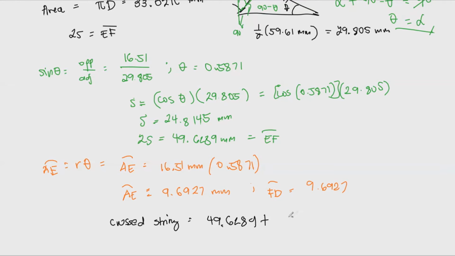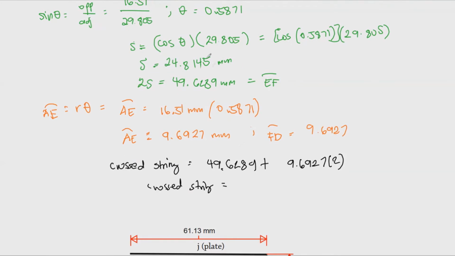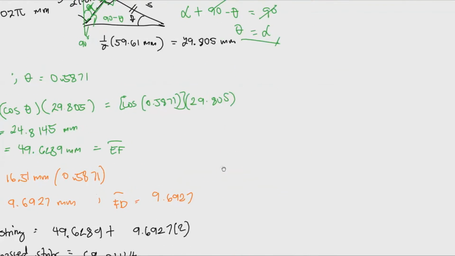So we have 9.6927 times 2. So our cross string is actually equal to 69.0144 millimeters.